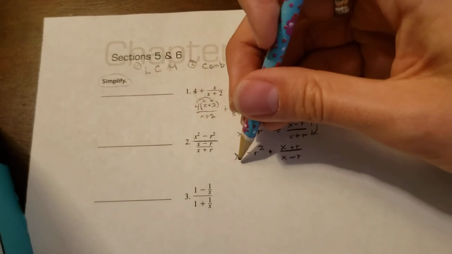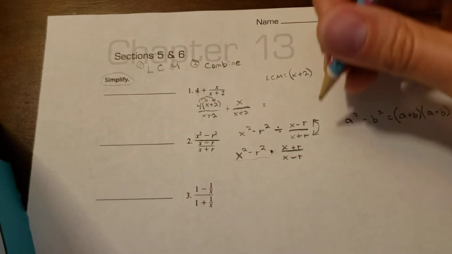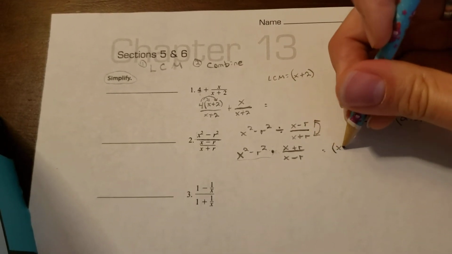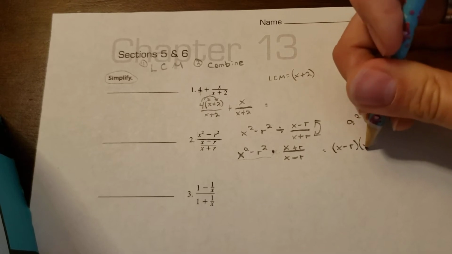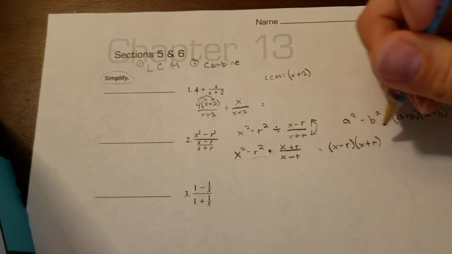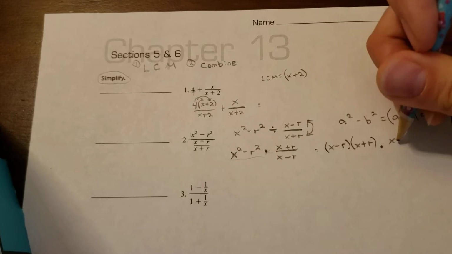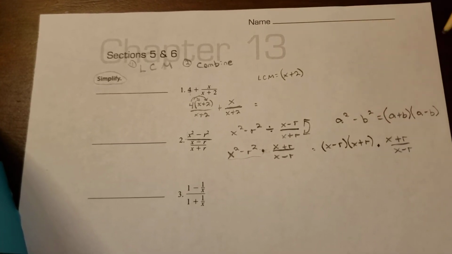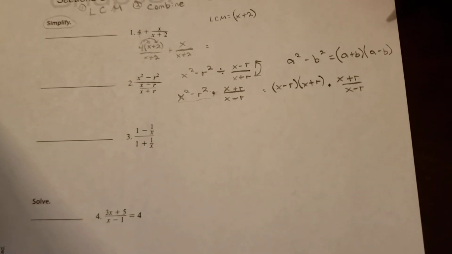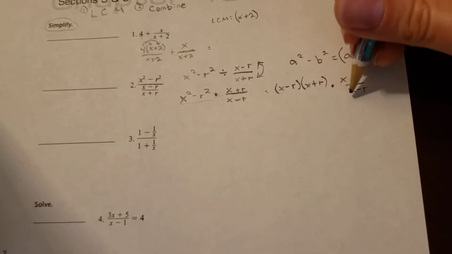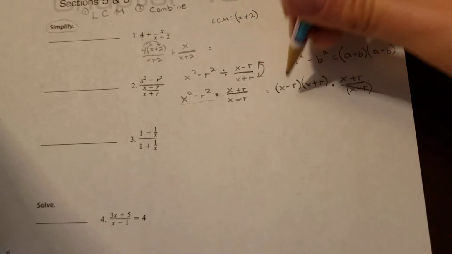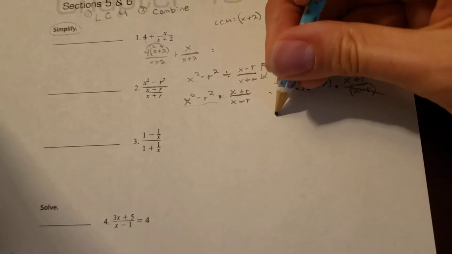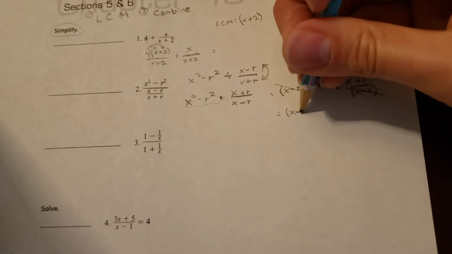So this guy factors, I'm going to rewrite it over here, into x minus r, x plus r, times x plus r over x minus r. Well, when we have something like this, we can cross cancel, which leads us to x plus r.